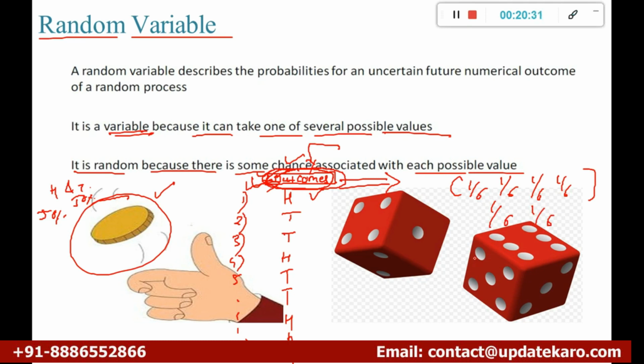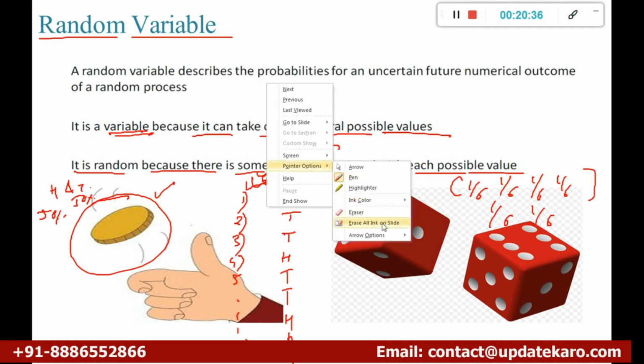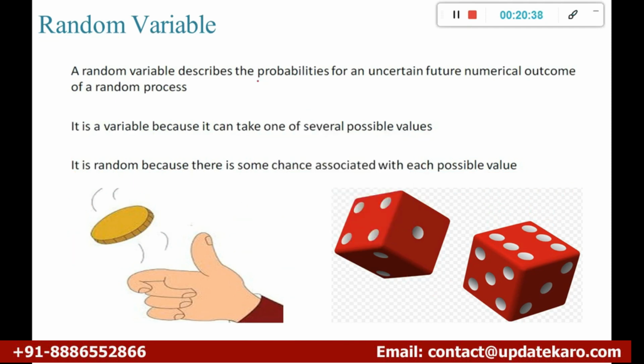So hence, we have understood what a random variable is, but then let us describe the definition of probability.